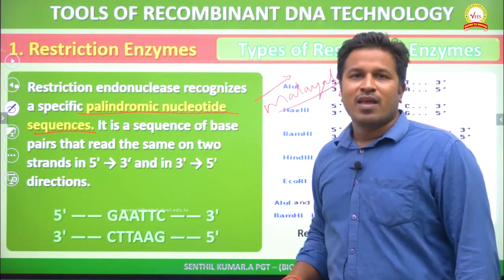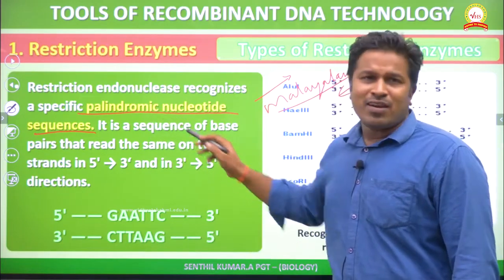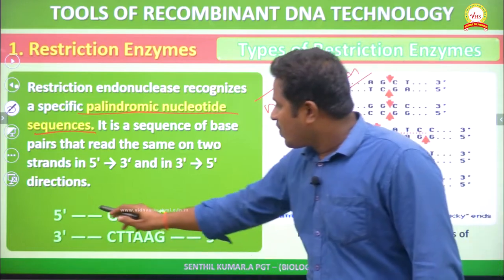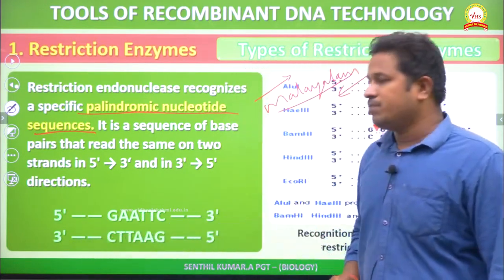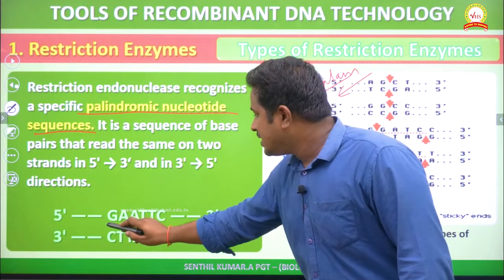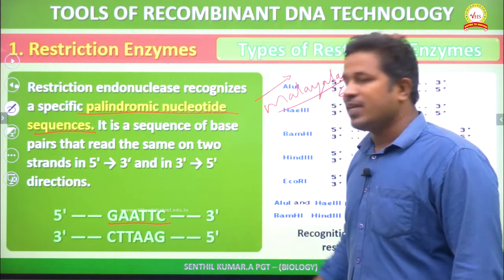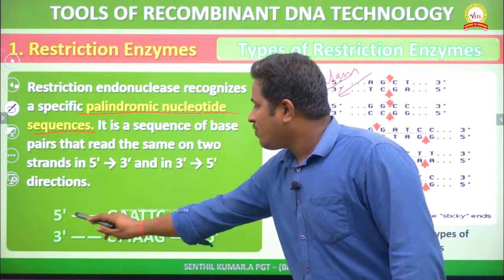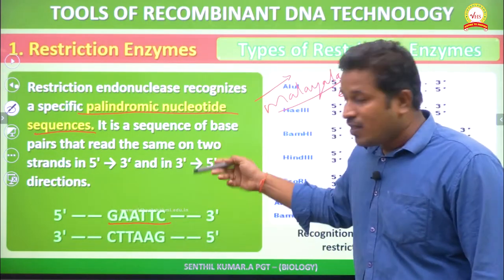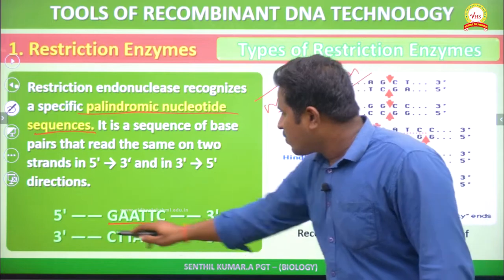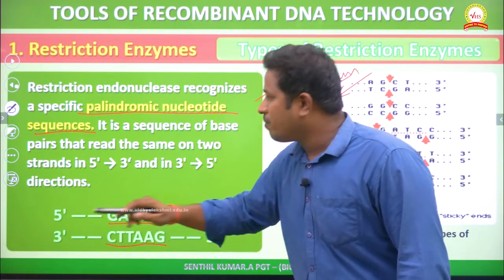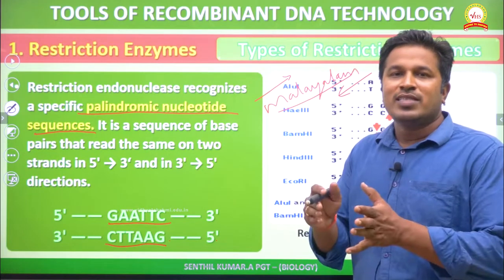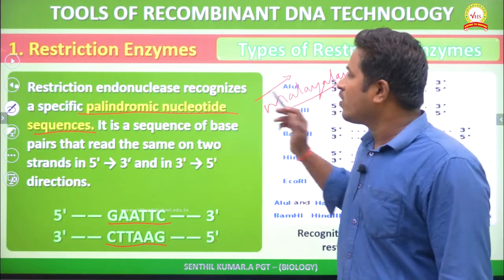Similarly, in palindromic nucleotides, it may be read from 5' to 3' direction or 3' to 5' direction. See here, GAATTC in a single strand 5' to 3' direction, and on the opposite strand also 5' to 3' direction you can see GAATTC. Both are similar, right? That is called a palindromic sequence.